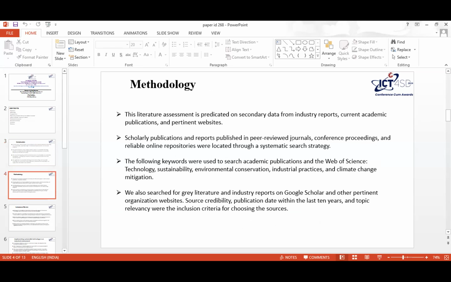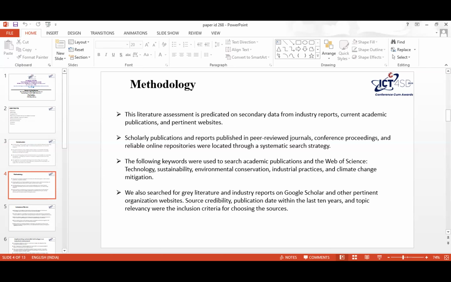So moving to the next slide, here's the methodology. This research paper was done by collecting secondary data based on industrial reports, academic publications, and pertinent websites, and some scholarly publications and reports published by peer-reviewed journals and conferences.